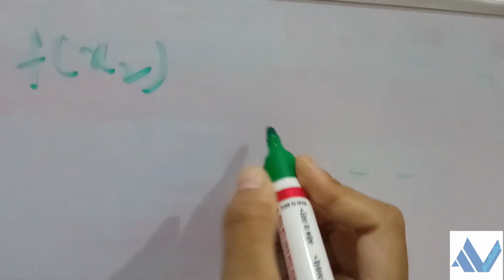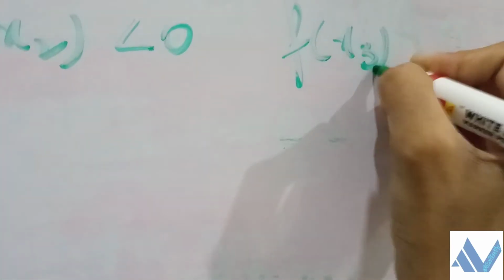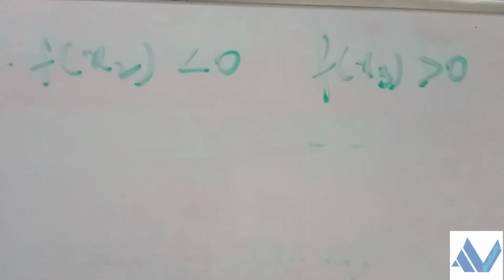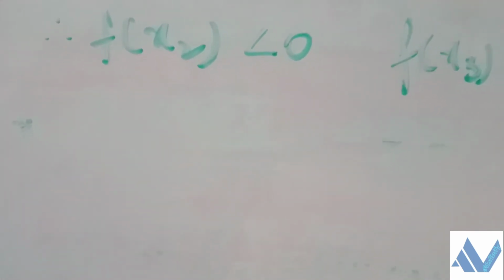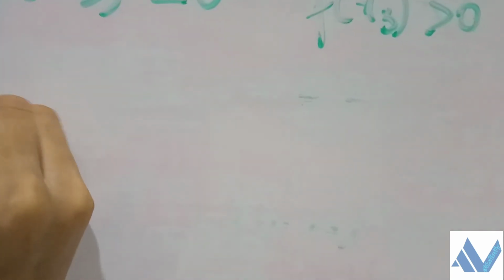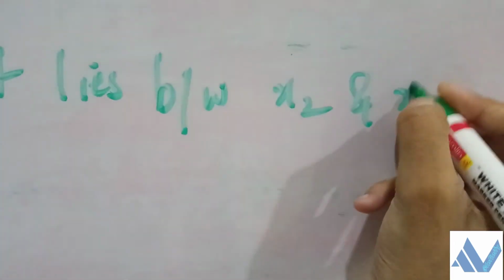Therefore, f(x2) is less than 0 and f(x3) is greater than 0. So we have to take the previous values, which are positive and negative. So the root lies between x2 and x3.